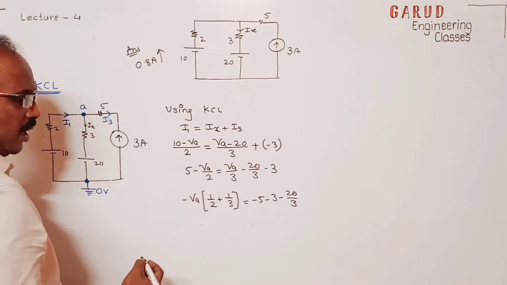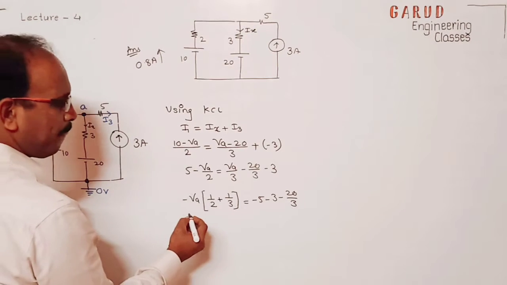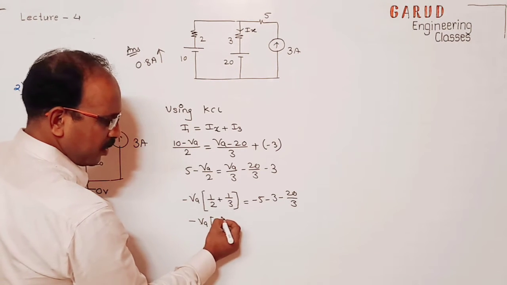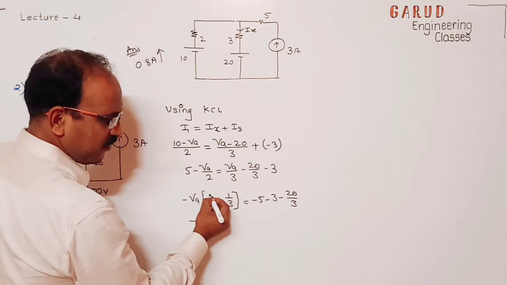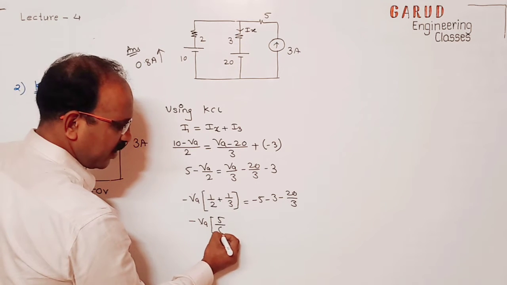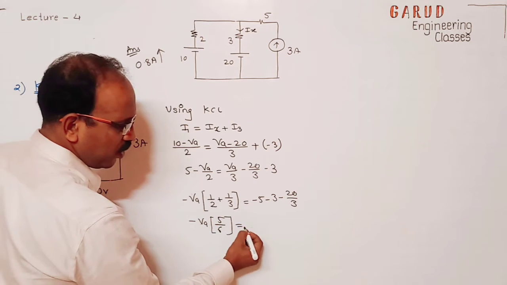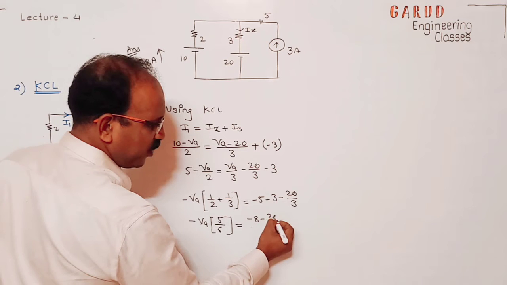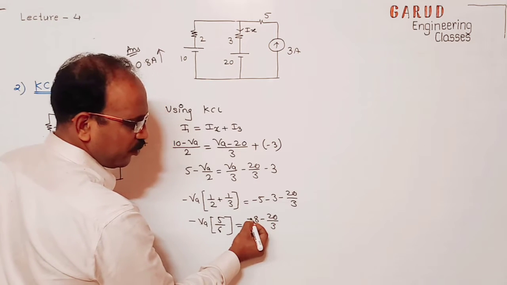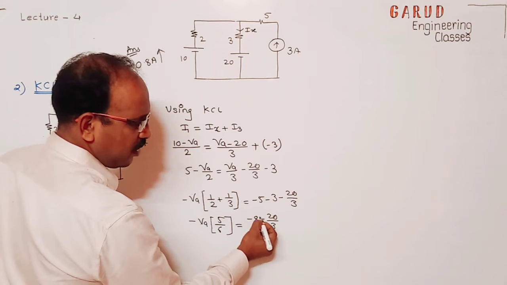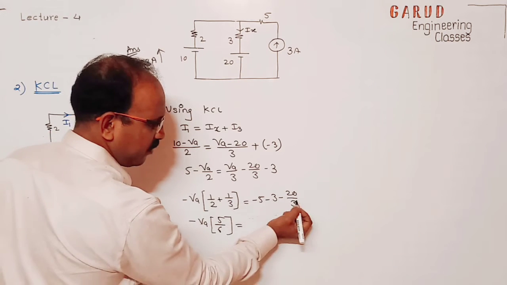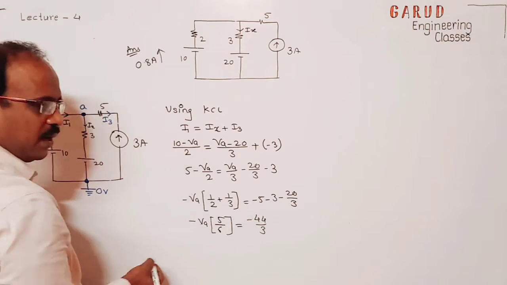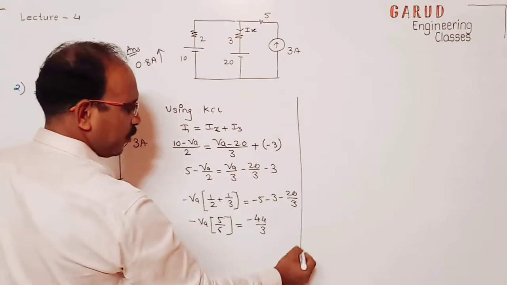Now here minus VA, take LCM 6, this is 5 by 6, equals minus 8 minus 20 by 3. So this will be 24, then minus 44 by 3. Should I write here minus 44 by 3? Correct?